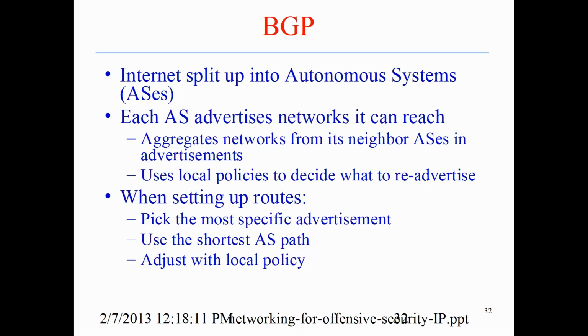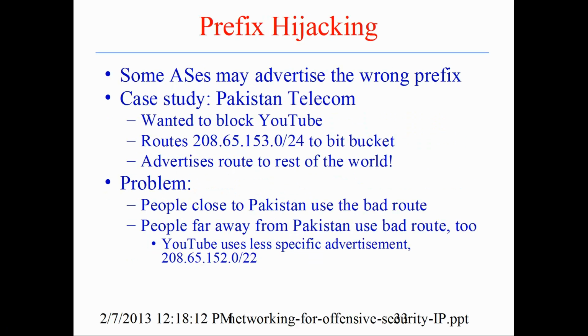Sometimes it is adjusted, not by organizations, but by governments in efforts to censor web pages. There was a case a number of years ago where Pakistan attempted to censor YouTube and did this by manually editing the forwarding tables on the autonomous system routers and switches to basically reroute all traffic going to YouTube instead to a service called Bitbucket.